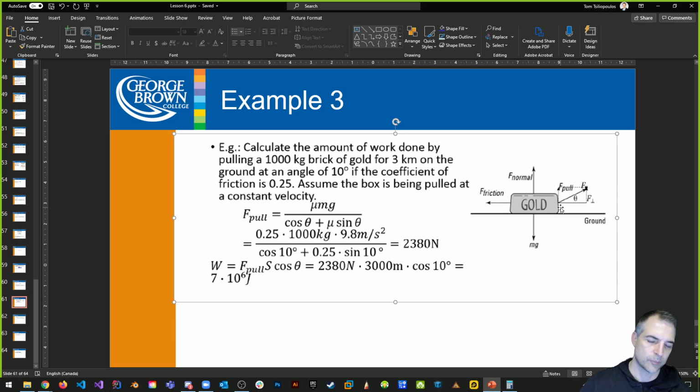Because we have a lesser amount of force across the x-axis, since some of that force is being applied on the y-axis. So the force of pull is the first thing we calculate, this part. Once we know the pulling force, we multiply it by the displacement, which is 3,000 meters, again multiplied by cos theta.